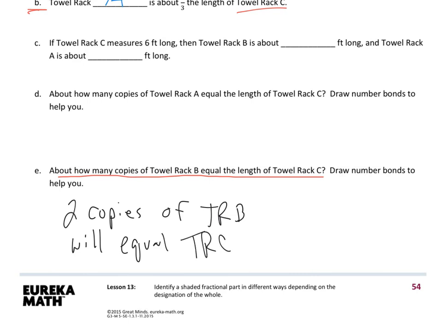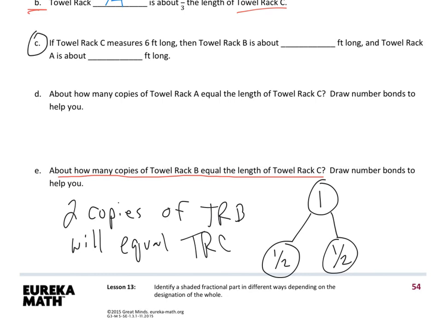towel rack C. So my number bond for that, to equal 1 whole, I can tell that it's about half the length, so 2 halves. And I'm going to refer back to C up here that we didn't do.